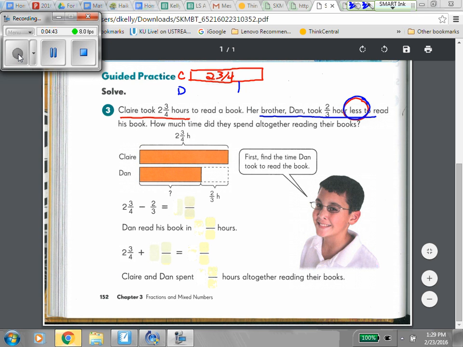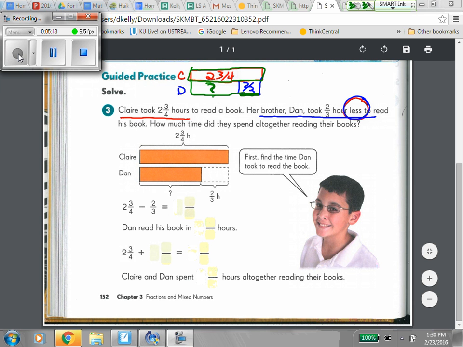So he took 2/3 hour less to read his book. So we need to find out, well, gosh, how much time did it take him to read his book? So you've got to picture this using a bar model. 2 3/4 is Claire. He read it in less time, 2/3 less time. So how much time did it take him to read his book? How much time did he spend?